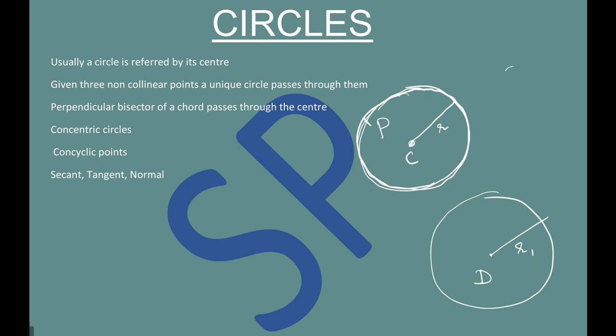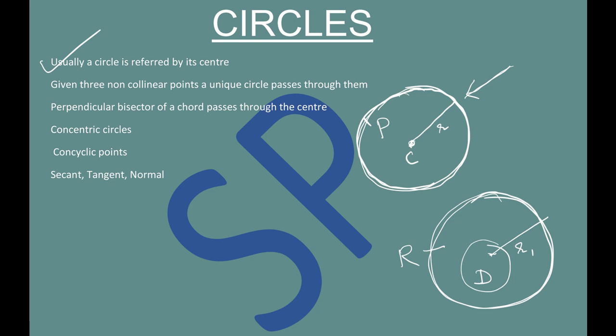So if I want to tell you to take a point R on this circle, I simply say take a point R on the circle D. So usually we refer to the circles by the names of their centers.